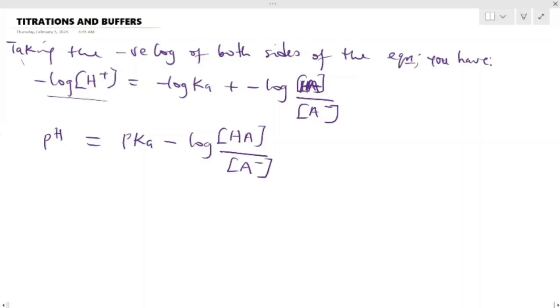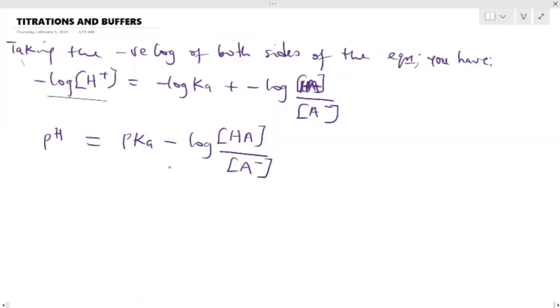So in other words, the acid form over the conjugate base form. If you remember our last class, we said that in that reaction you have the acid form, which is what gives the proton, and the conjugate base, which is the remnant of the reactants at the product end.